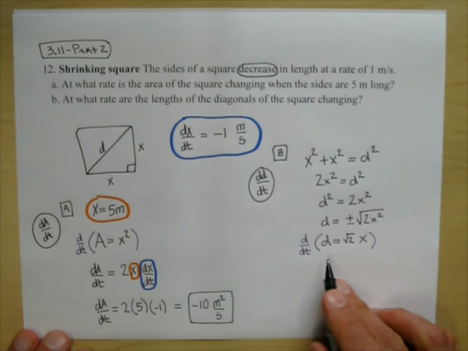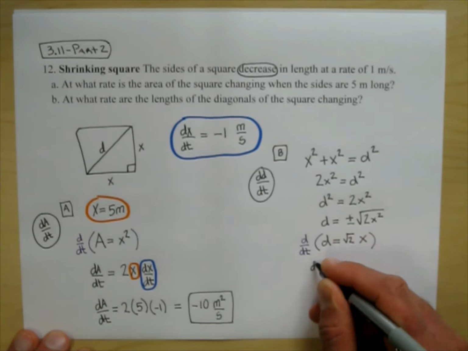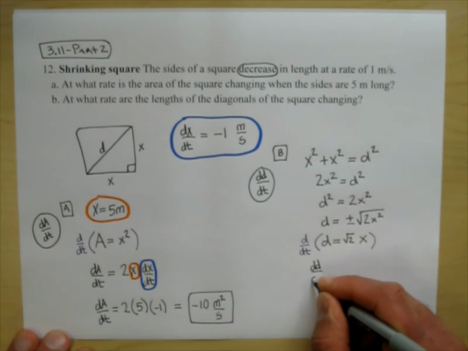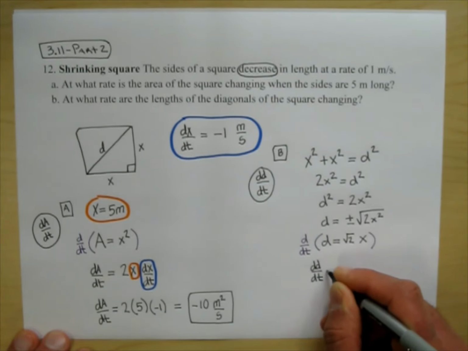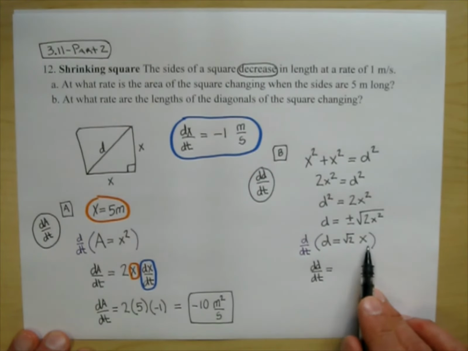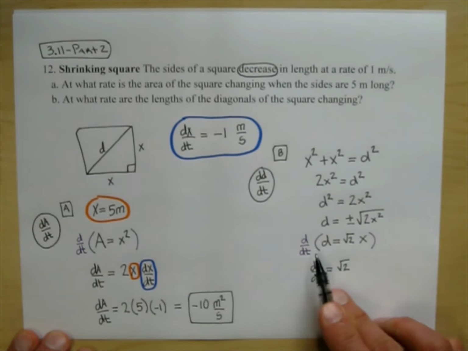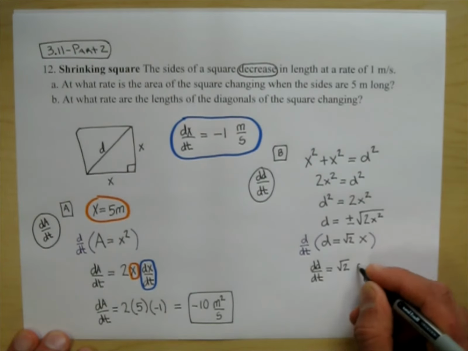Okay, so the derivative of d is 1, and then we have to write dD/dt. And the derivative of constant times x is just the constant. And then we have to write dx/dt.